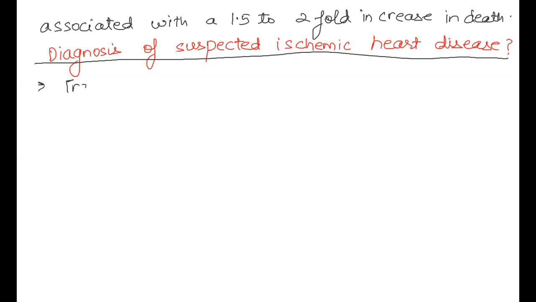First, transient ST segment depression. ST is that part of the ECG PQRST. Depression means when the graph goes down.